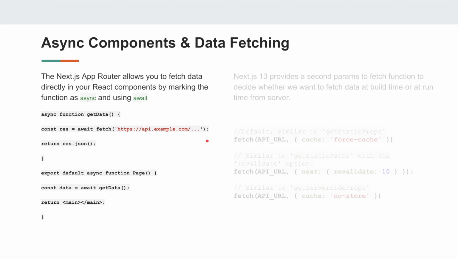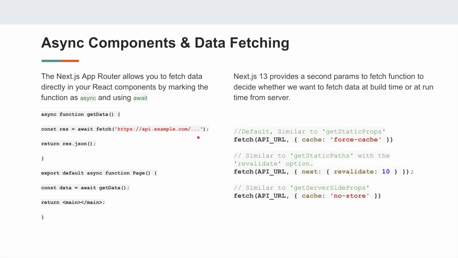So currently it is actually behaving like getStaticProps. So by default, it is rendering this component from the server with the same concept of getStaticProps. getStaticProps means that on the build time of your project, this component is going to call this API, and it's going to store the result in that build folder, right?